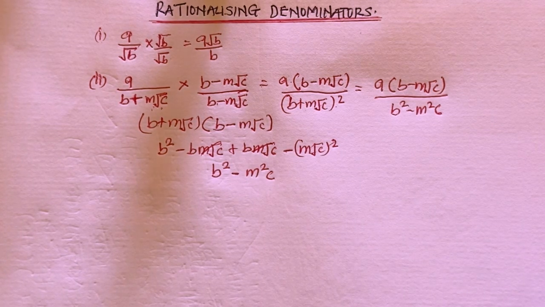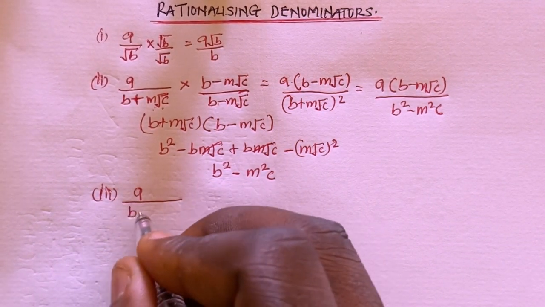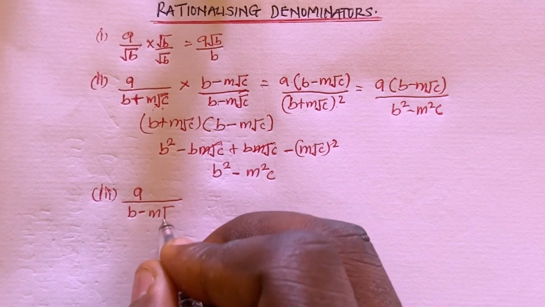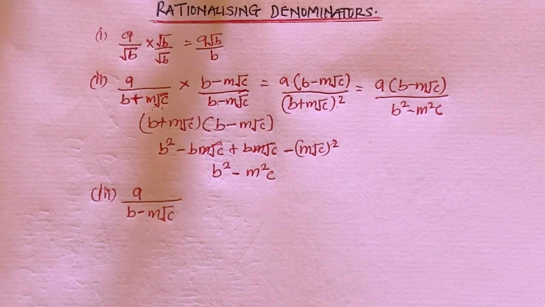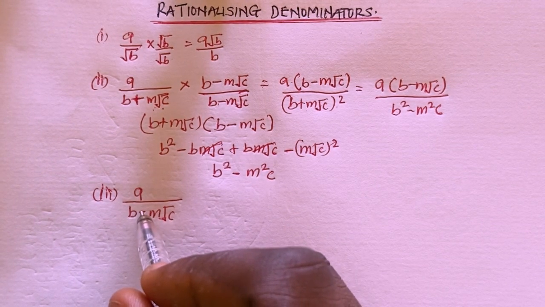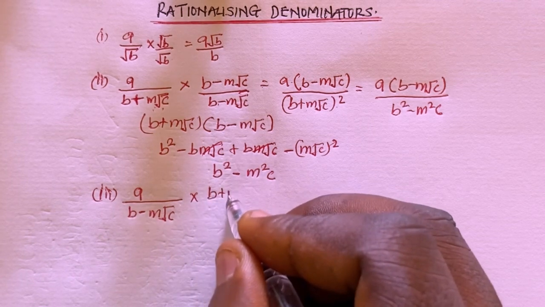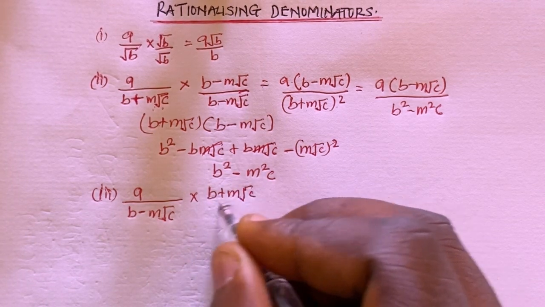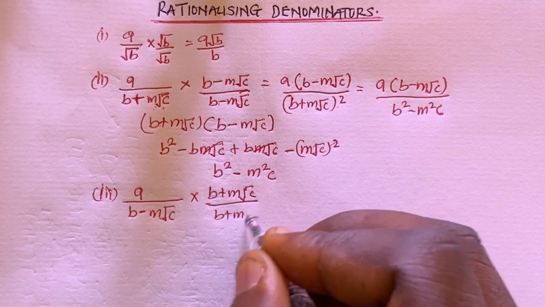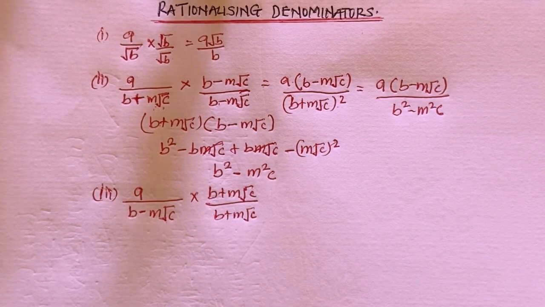Now the next expression, which is the third form that you can have. You can have an expression of the form a divided by b minus m root c. Whenever the denominator has a negative sign, you rationalize with a positive sign, which is b plus m root c, divided by b plus m root c, so that these two are conjugates of each other.